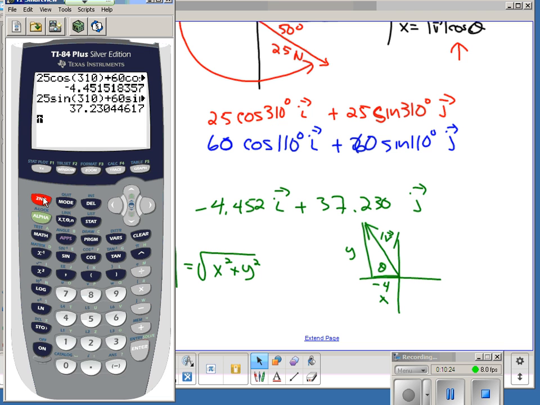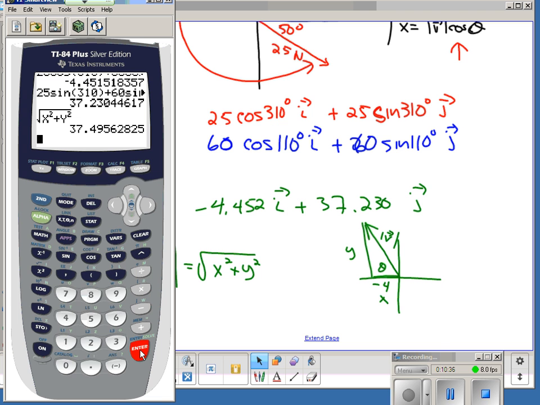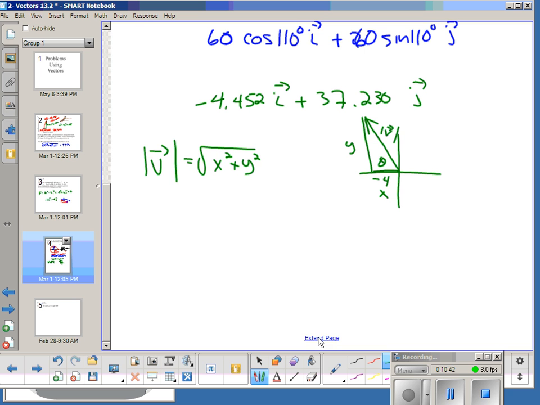So I'm going to say square root of alpha x squared plus alpha y squared. And my answer is 37.4956. So that's my magnitude, in newtons, and because I stored, I know I'm correct to 3 decimal places.